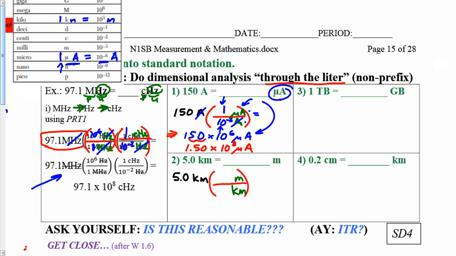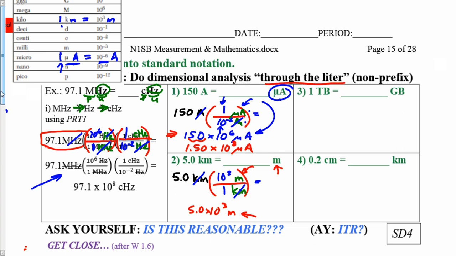So what number goes next to the meters? The same one that's next to the meters up here, 10 to the third. What number goes next to the kilometers? The same one you see up here, that's a 1. Kilometers cancel. Do your shimmy shimmy, and you end up with 5 times 10 to the third meters. Done. Meter is a unit that's left. Meter is the unit we wanted. Meter is the unit on the answer.